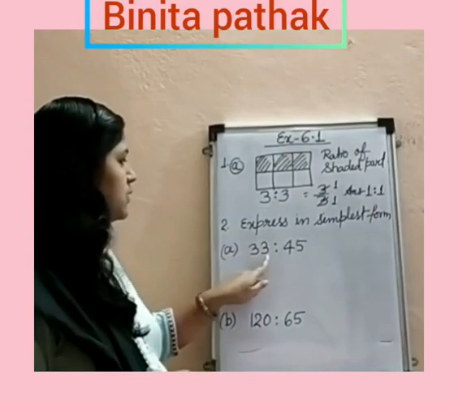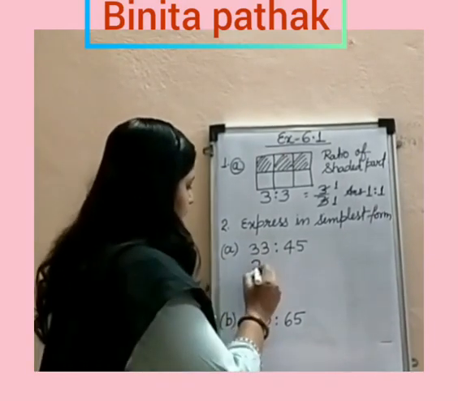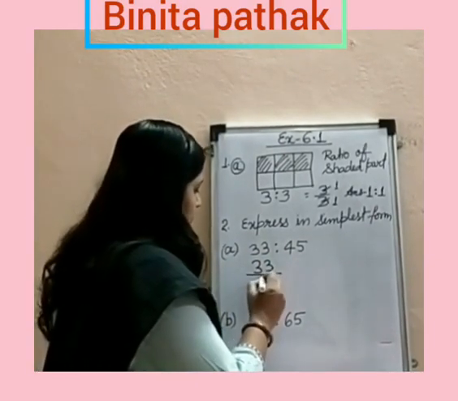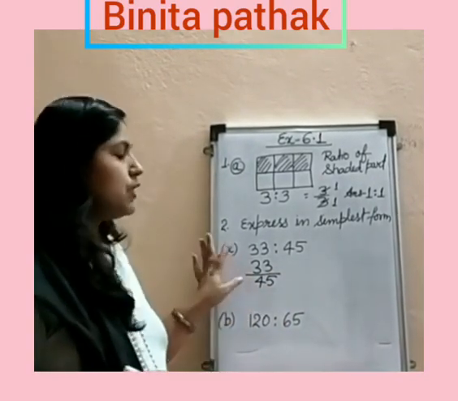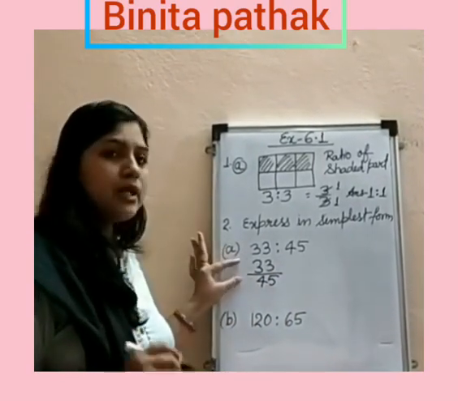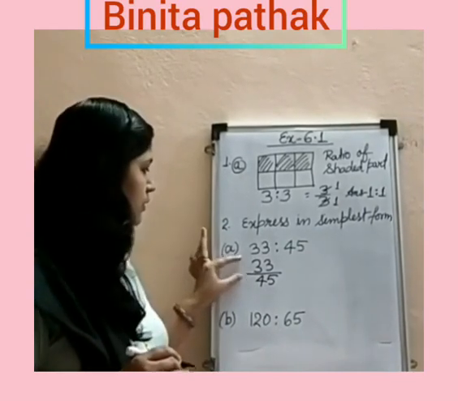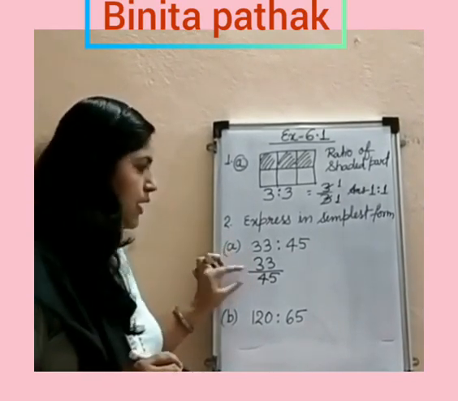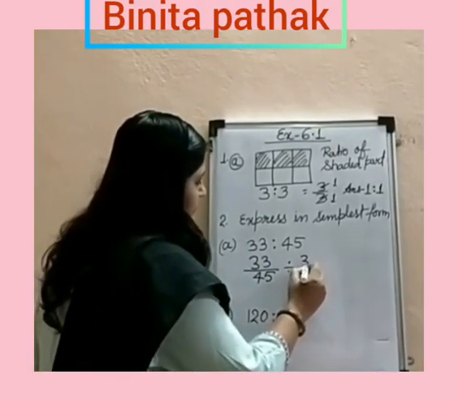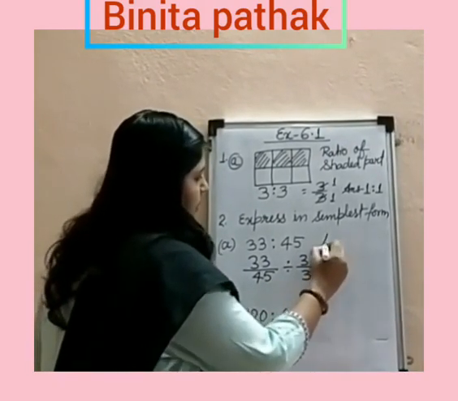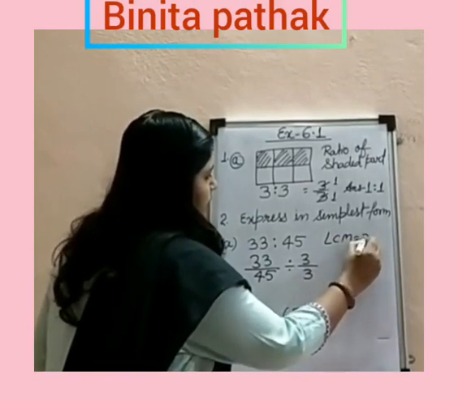Now question number 2 is express in simplest form. A: 33 upon 45. We can write it in fraction, 33 upon 45. So we need to find is there any common factor of 33 and 45? Yes, that is 3. So divide by 3.